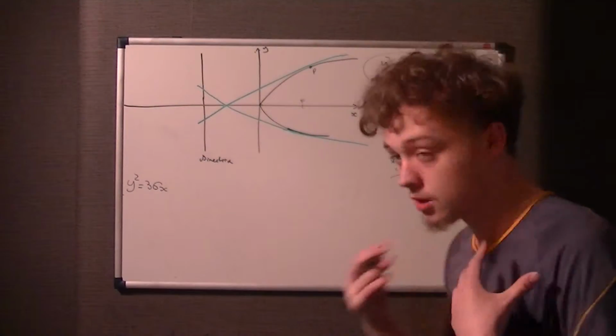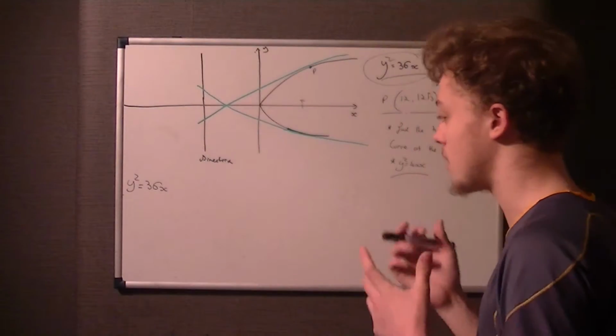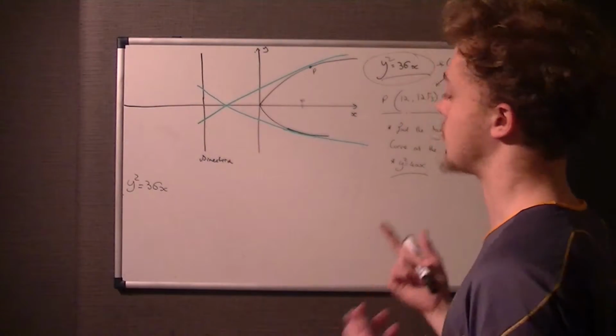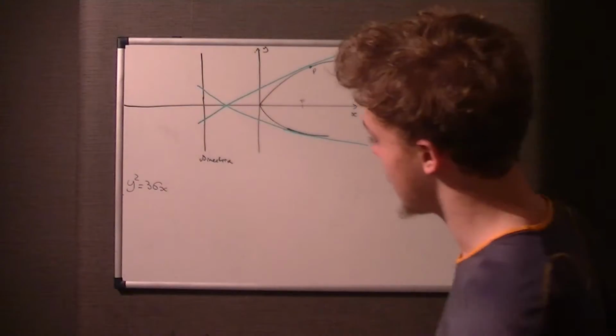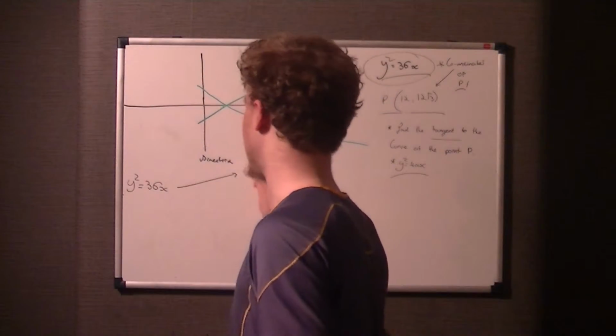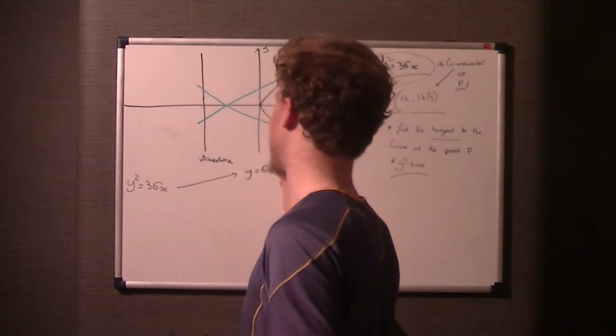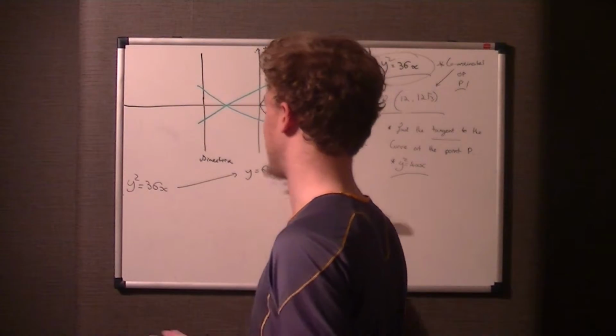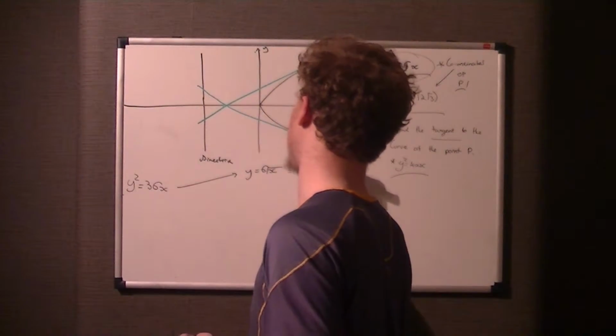Now, the first method, the one you'll most likely think of, is that we need y equal to some function of x, so we square root both sides. Therefore you'd get y is equal to 6 root x, so you could write it as 6x to the half.